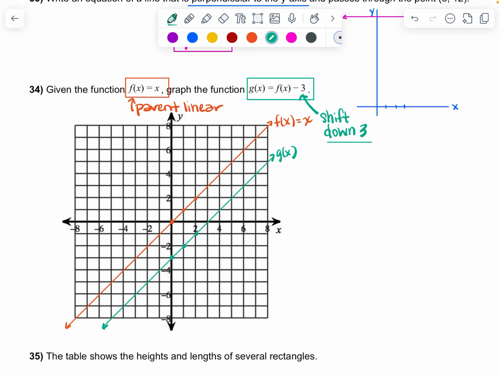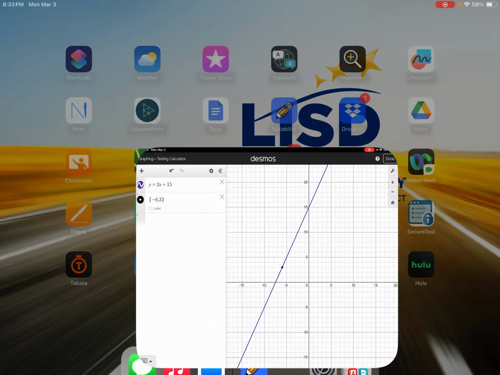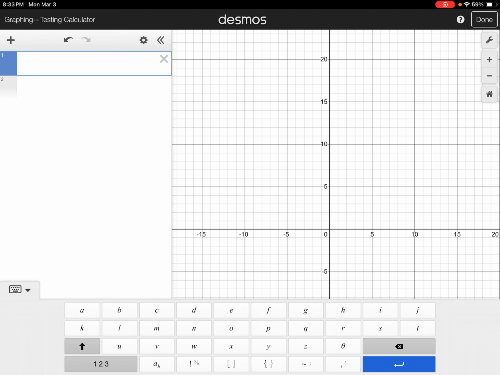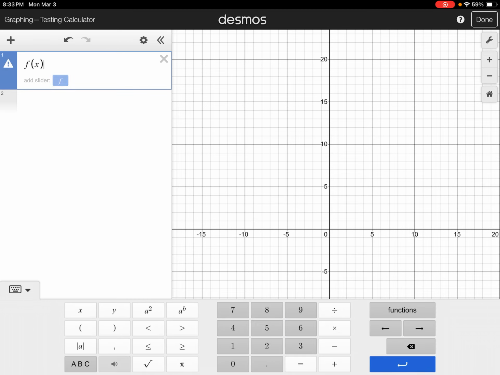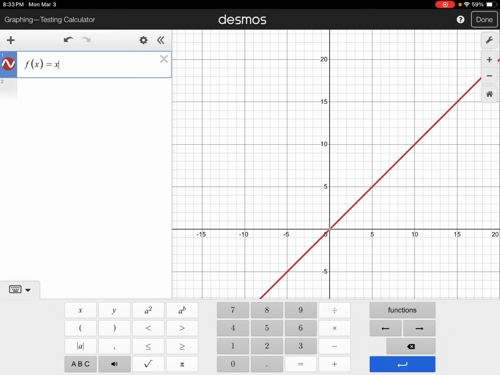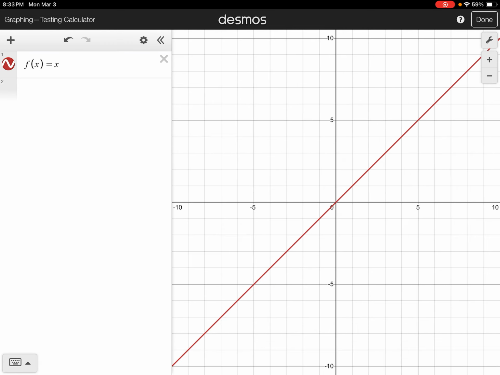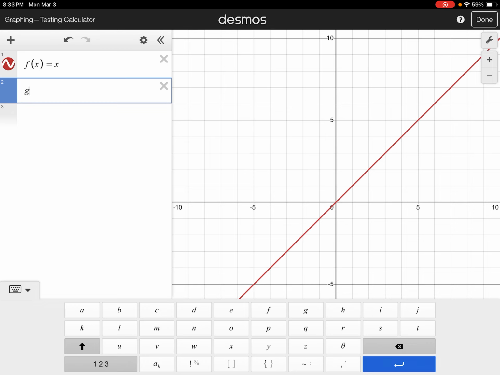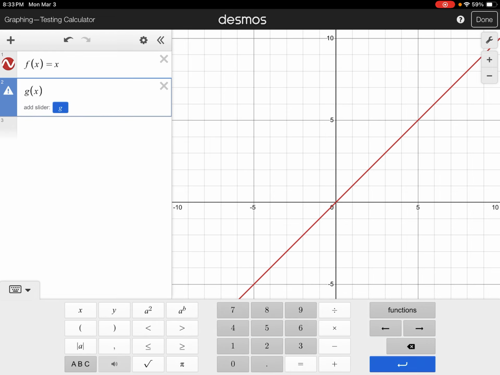Okay, so just glance over the rules that are in our notes. Remember, you can also do this in Desmos. I can't say this enough, right? If I go into line 1 and I type in f of x equals x, there's my parent linear function right there. And then I literally just type in exactly what's on my paper.